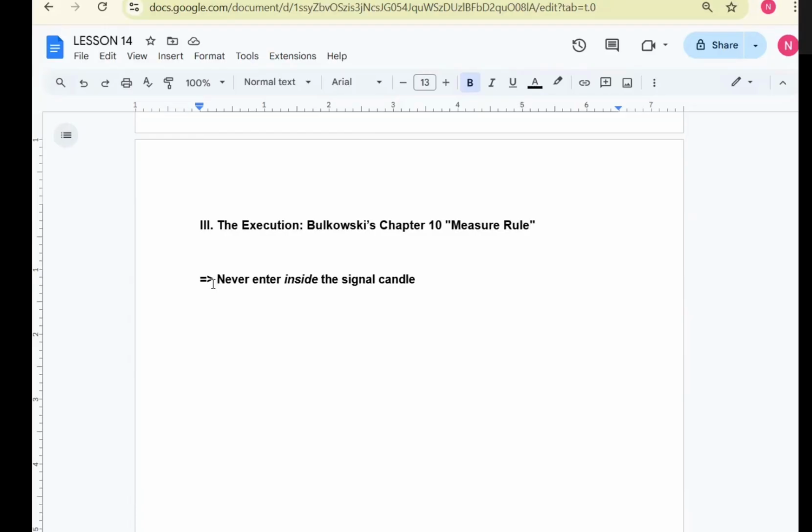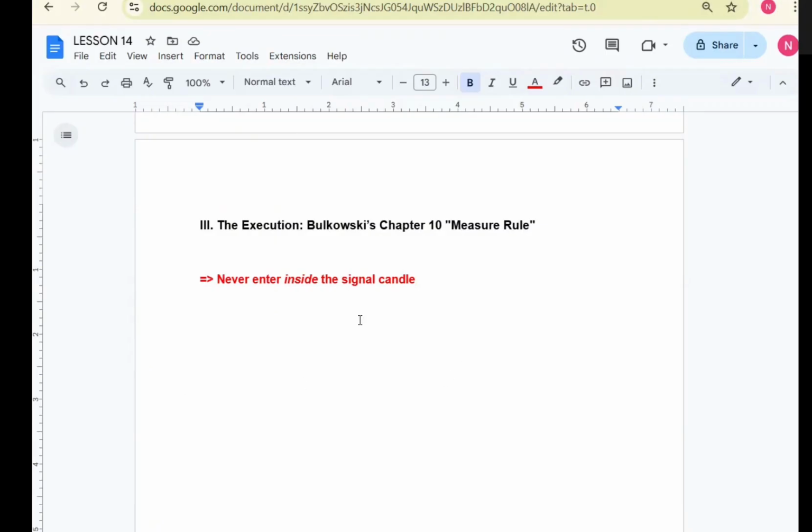Remember, anything important, I will keep repeating. Never enter inside the signal candle. Let's wait for the next candle to close above the signal candle's high.